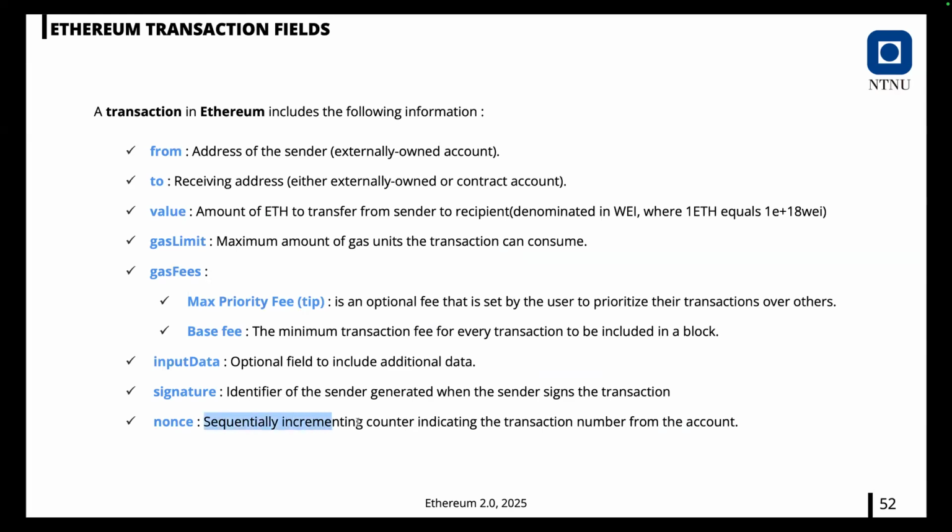So the nonce is not a random number. It's not like the nonce for blocks in Bitcoin. It's a sequential number. So what you can do is increase the fee, for example.